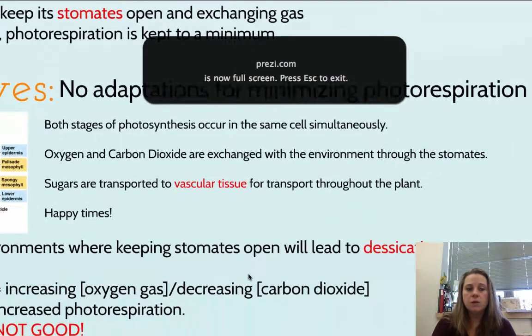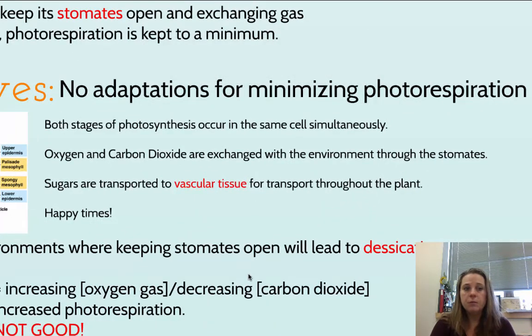One is called C3, with no adaptations for minimizing photorespiration. You're kind of screwed. If there is a defect that prevents oxygen from being released, the cell is going to photorespirate.